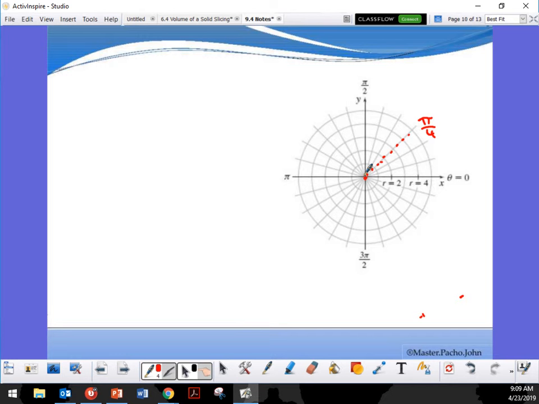We have pi over 4, and then what does this one go to? Let's see, hold on. 1, 2, 3, 4. So that means that this one's going to be. Trying to figure out the increments on this one. I can't remember this one.